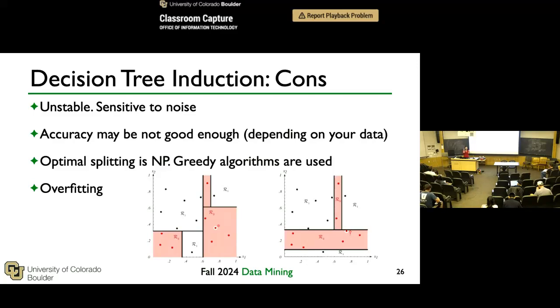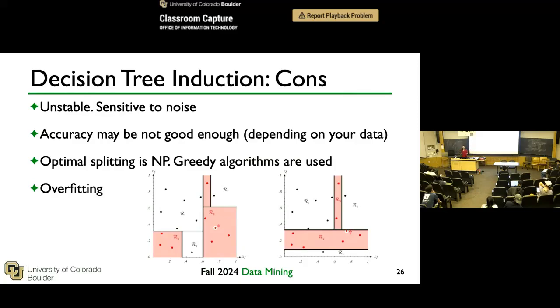Then your branching becomes very specific, and that may fit only certain types of data. I care less about 51K versus 52K. It's more about 50K versus 100K, maybe.